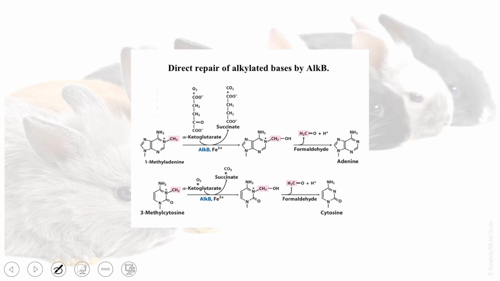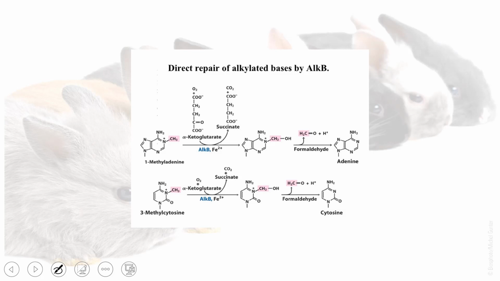And as you can probably imagine, eukaryotes have a number of mechanisms to recognize the mutation, reverse the mutation, fix the mutation, or eliminate that cell from being able to divide. We've been talking about that the last few class periods, but here we're going to talk about first reversing the mutation and then repairing it.